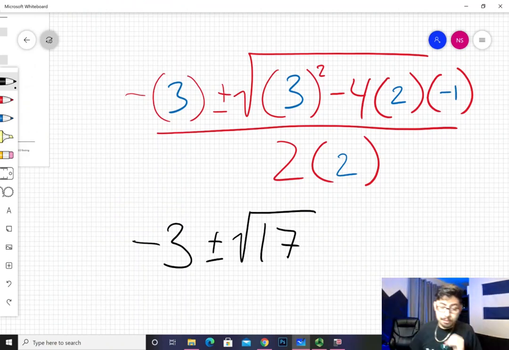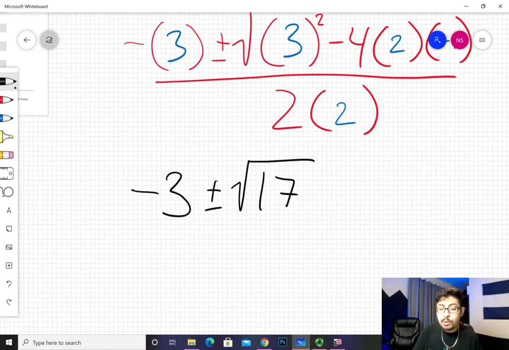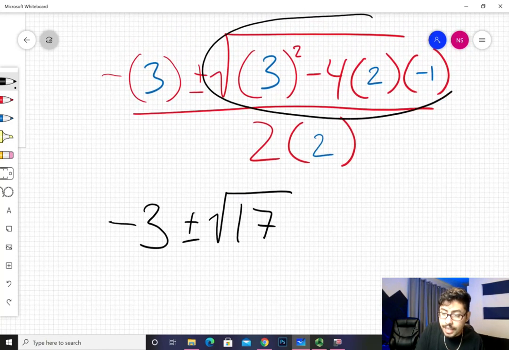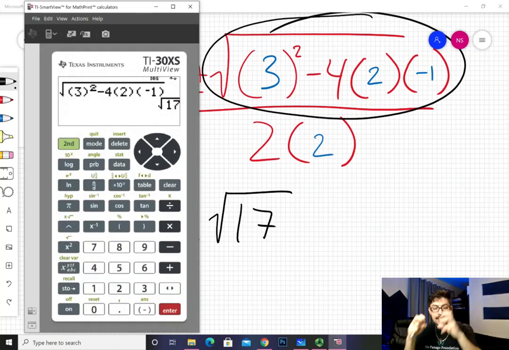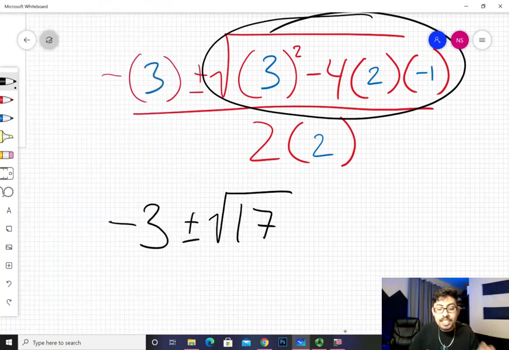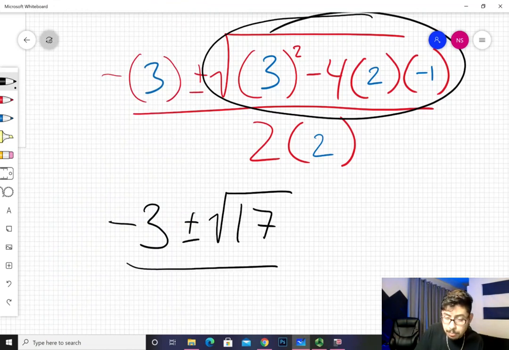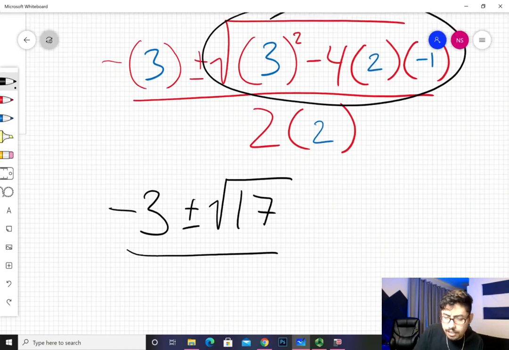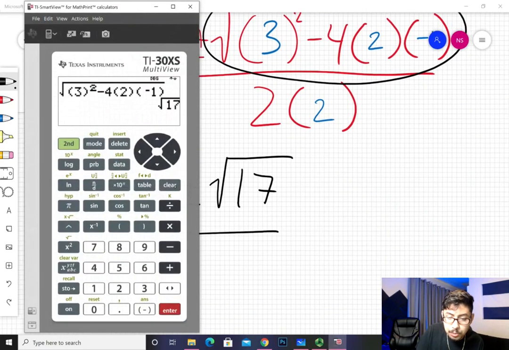And this example is the first example that I showed you for a reason, because if you ever do this east side, this long square root sign, and the calculator still gives you the answer as a square root, you are essentially done. You just got to do this very last part, the south side, which is 2 times 2. I'm not going to use a calculator for that. Actually, let me show you what you would do as a beginner.